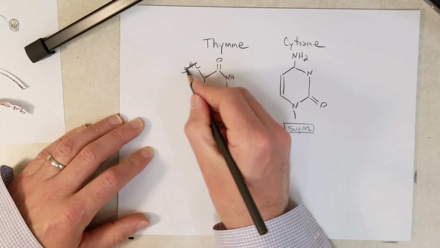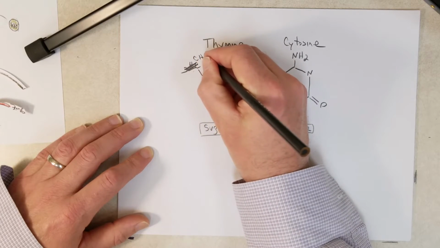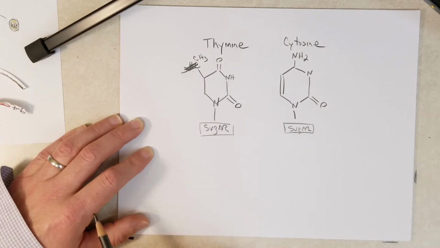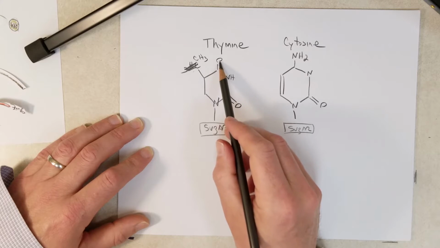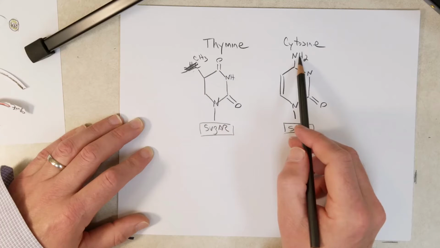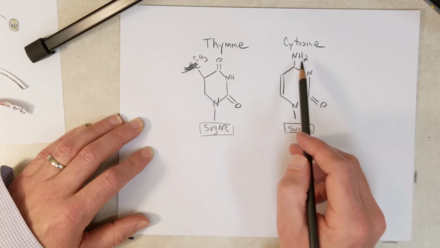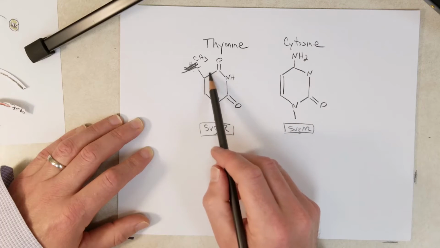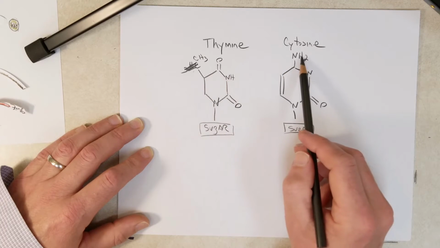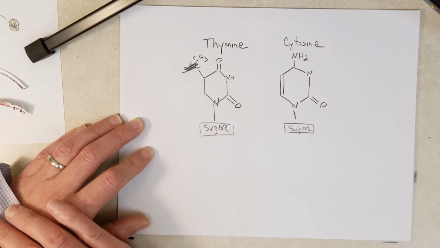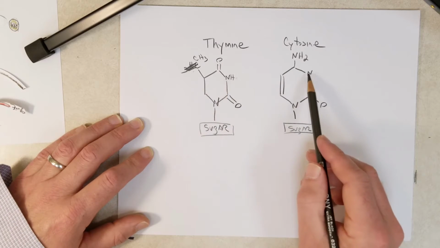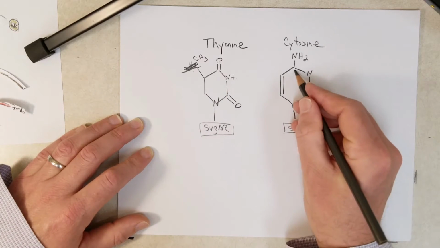That's a funny way to write that, right? No methyl group here. We have a carbonyl group here. Oh, maybe I should call this a ketone. I forget my organic chemistry. And an amino group here. We have a hydrogen here. And here, there should be a double bond right there.